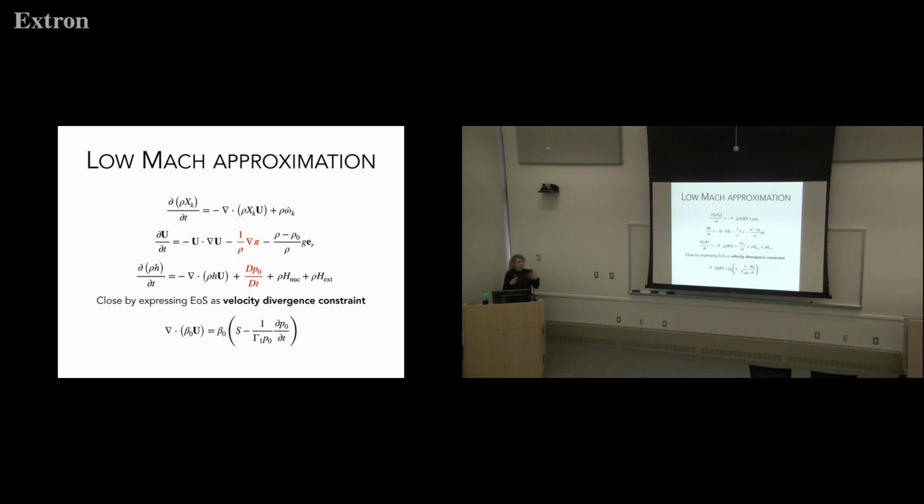Now normally when you do standard compressible hydrodynamics, you have to close your equations using an equation of state, because we have essentially more variables here than we have equations to solve for. So you have to close it with another set of equations. But here, instead of the equation of state, we're going to close our equations with a velocity divergence constraint.